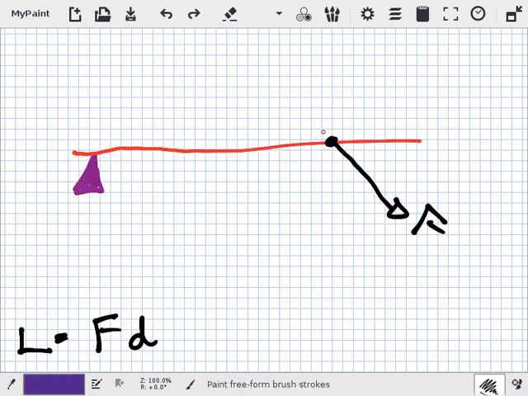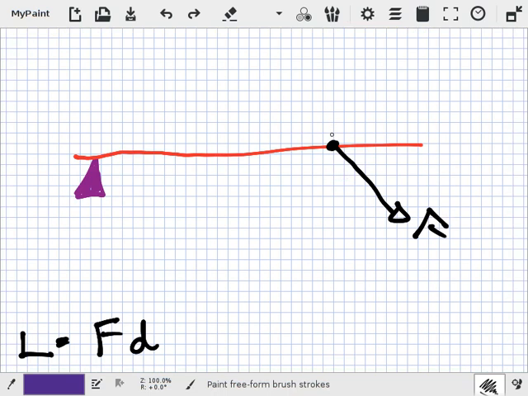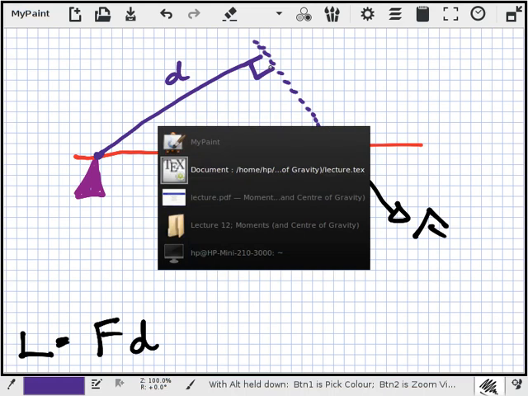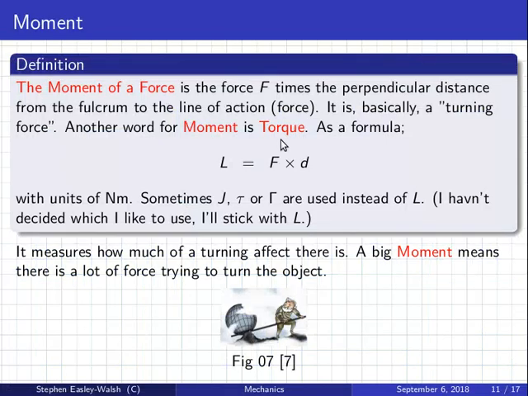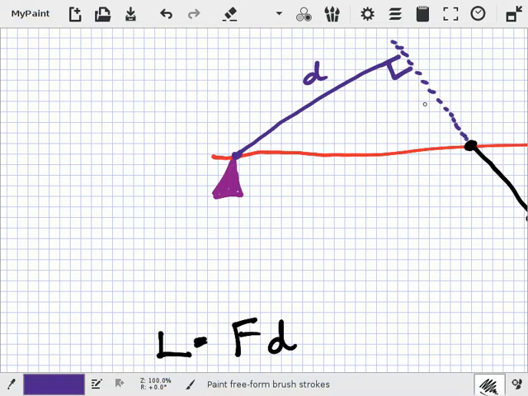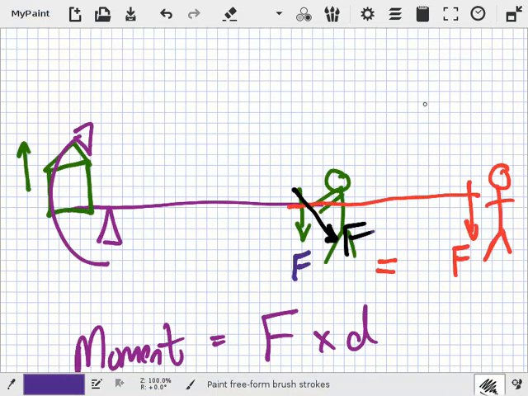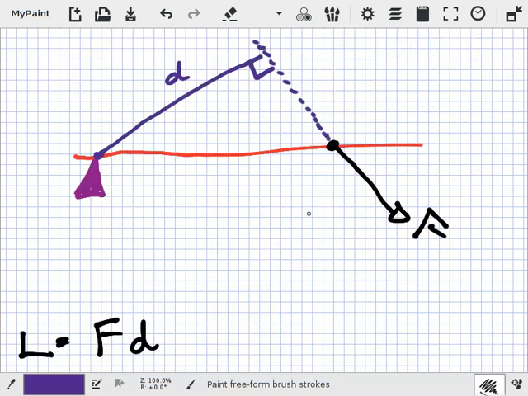It's this distance, because in my definition, I said you should use the perpendicular distance. Now, in this picture, that's easy because it was perpendicular. But if it's at an angle, you have to use that distance.